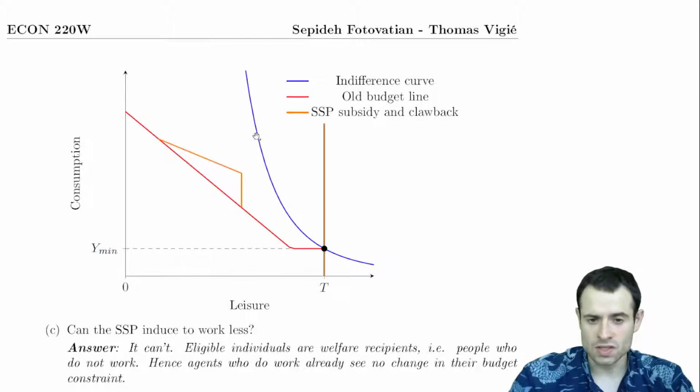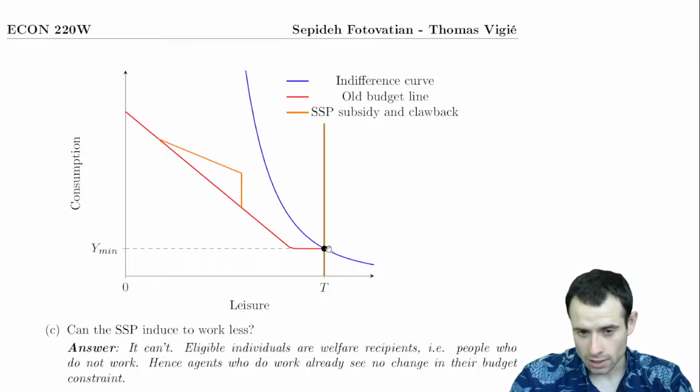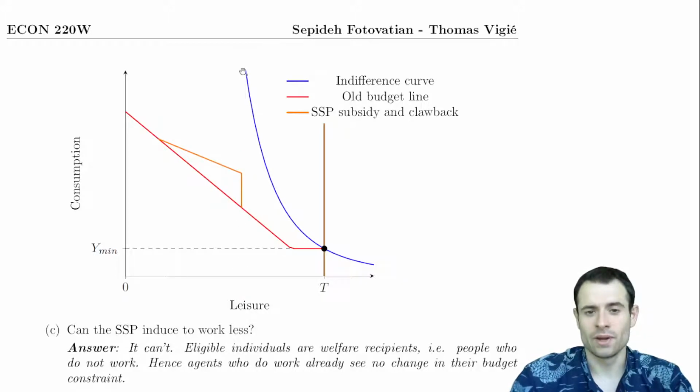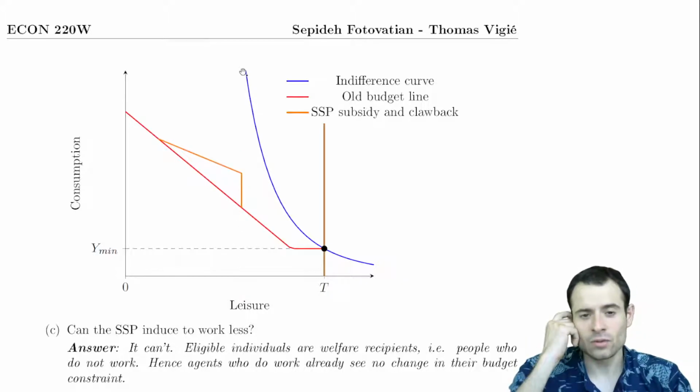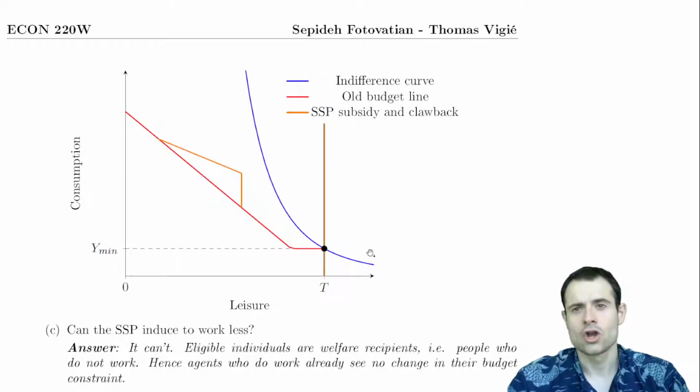Here, to induce this person to work, we would need the benefit to jump all the way to here. And maybe then the individual will be indifferent between not working and working LSSP to receive the benefit. And the benefit would have to be even higher for the individual to strictly prefer working over not working.